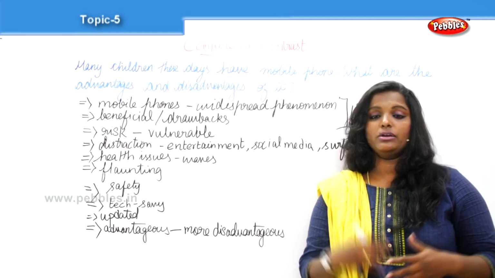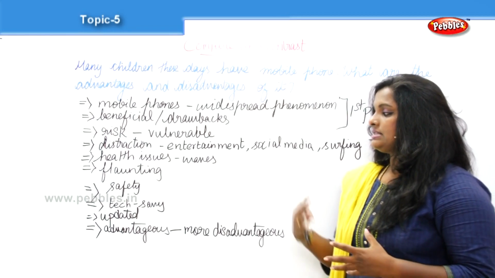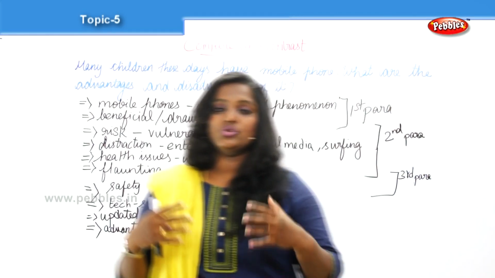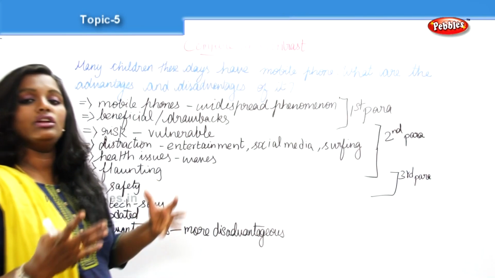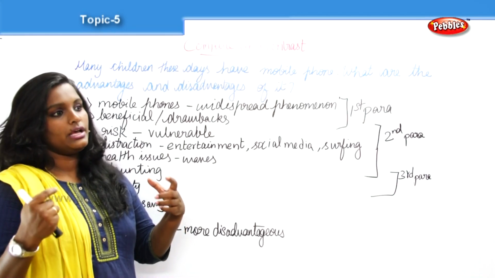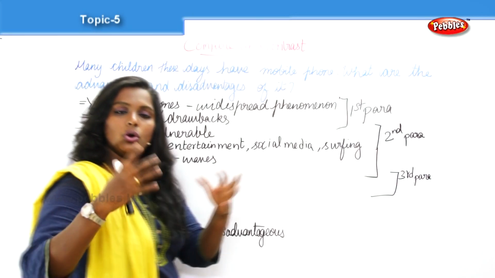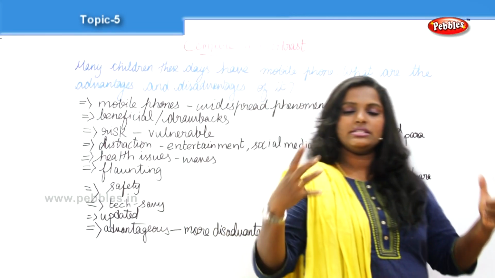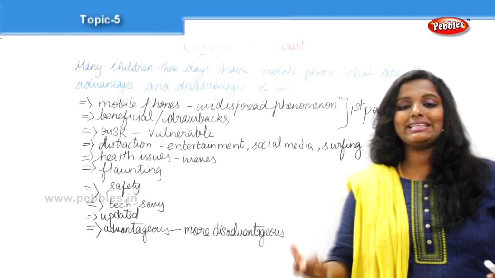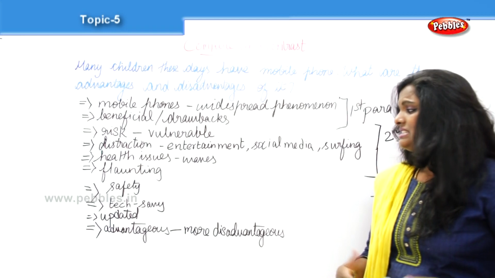Cell phones play a major role because technology is so updated these days. From childhood, when the child starts using a cell phone, the child tends to become a tech savvy person, and a technologically sound person is the need of society. You know what's happening around the entire world, everything is in your hand. Whatever you want to know, you immediately get access to it on your cell phone.